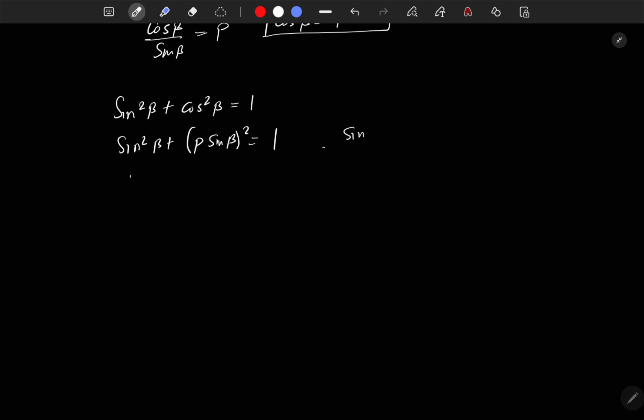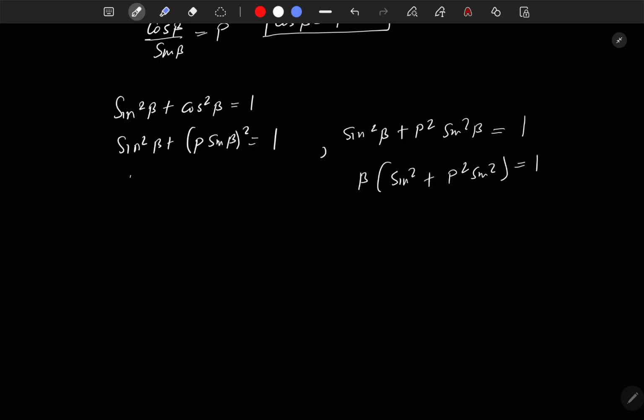This will give me sine squared beta plus P squared sine squared beta, equal to 1. I can now factorize here.